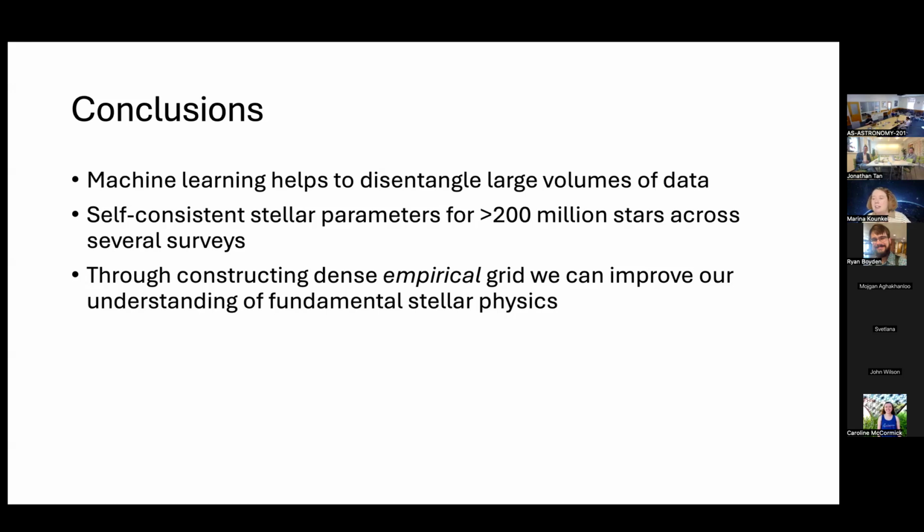We can't guarantee that the parameters from other pipelines would be quite as self-consistent, but people have been able to identify, at least overall, red giant stars with these parameters. There have been efforts by the surveys as a whole to try to ensure some self-consistency.